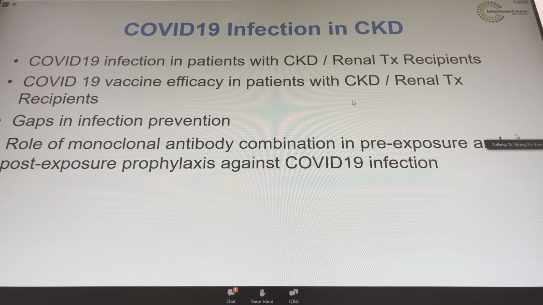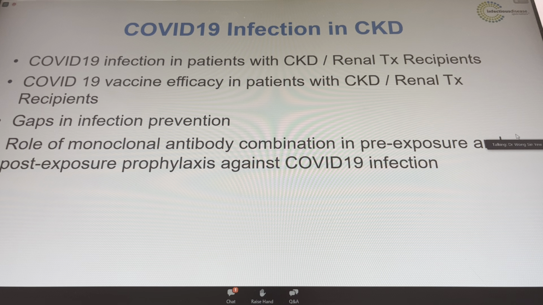So just to recap, I think Alvin has mentioned to you about COVID-19 infections in patients with CKD, end-stage renal disease, and renal transplant, and they are a vulnerable group. We have the vaccine, which is quite effective, but the vaccine efficacy is reduced in these patients.